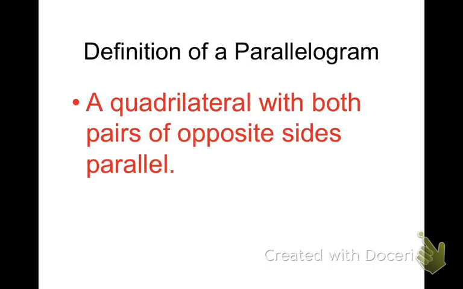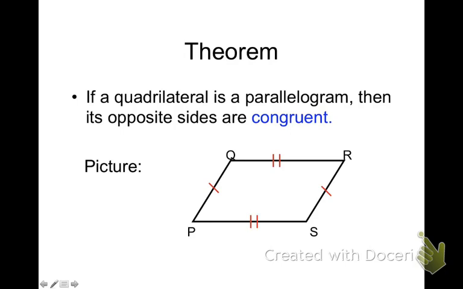All right, so then we have a bunch of theorems. Theorem 8.3 tells us that if a quadrilateral is a parallelogram, then its opposite sides will also be congruent. Which, again, maybe you already knew that, you just weren't thinking about it. So for the picture part, make yourself a parallelogram and put little tick marks to show congruent opposite sides.